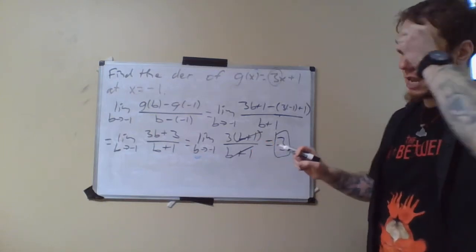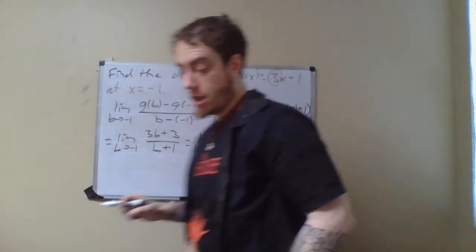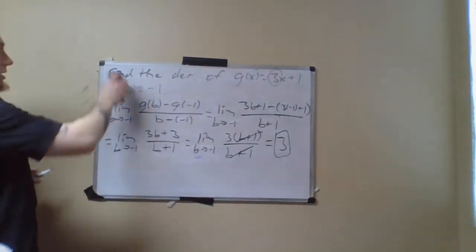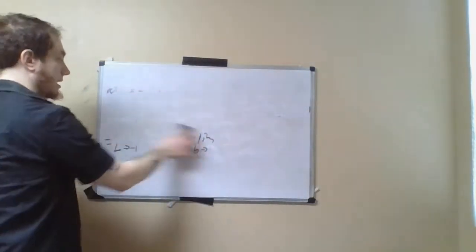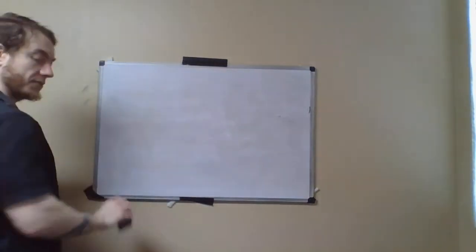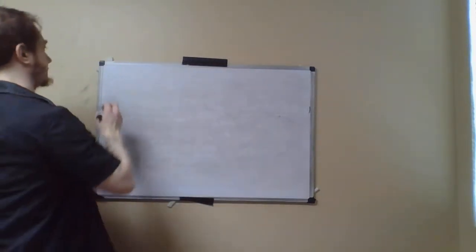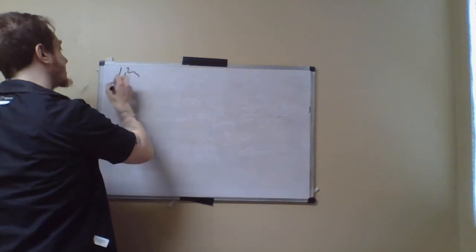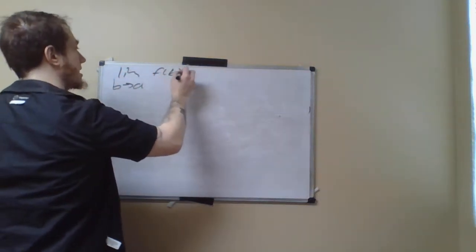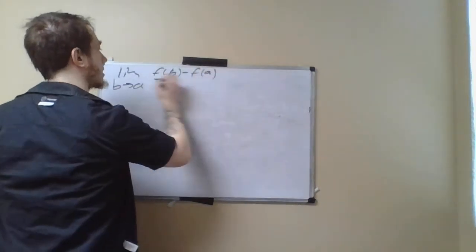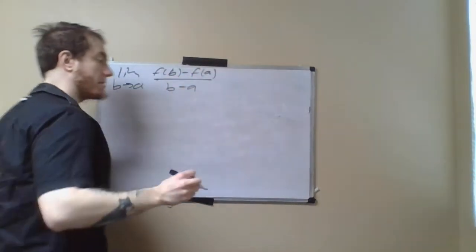Now, I want to notice something here about this derivative that we have defined. The thing that I would like to notice is this. We wrote it as the limit as b approaches a, f of b minus f of a divided by b minus a.